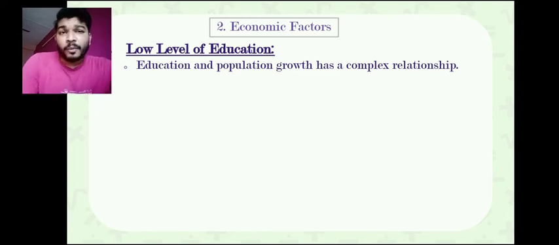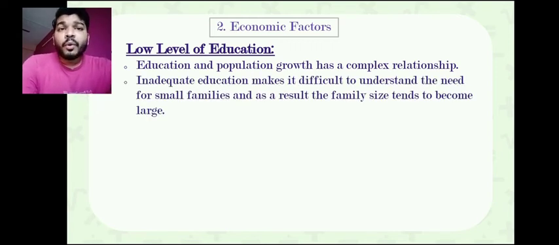There is a complex relationship, but more children are born if the females are uneducated, and fewer children are born when females have achieved primary or secondary education. So the family size depends on whether the females are educated or not. Birth rates depend on the level of education the females possess.